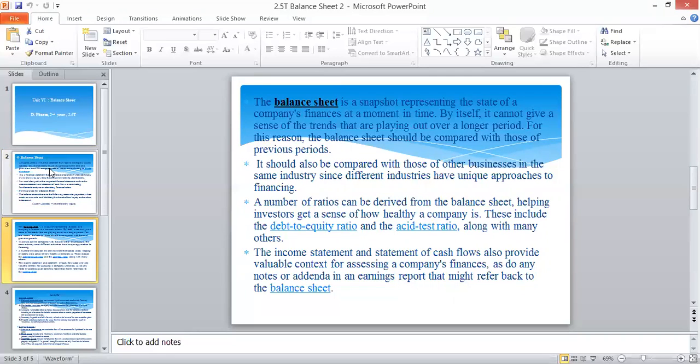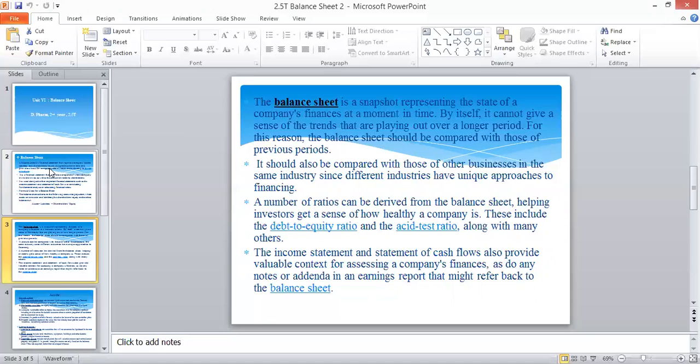A number of ratios can be derived from the balance sheet, helping investors get a sense of how healthy a company is. This includes the debt to equity ratio and the acid test ratio, along with many others.